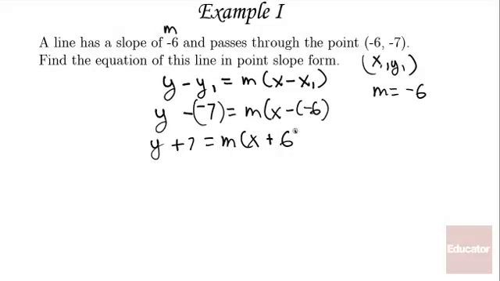And I have m, so I can insert m equals -6, giving y plus 7 equals -6 times x plus 6. Now I have this in point-slope form.